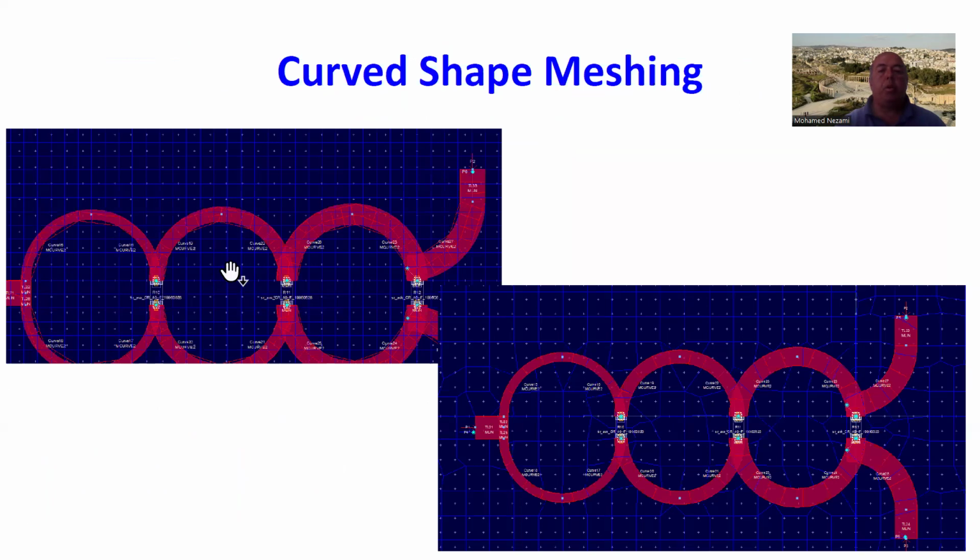Now, one thing you want to make sure of when you're doing EM, for both HFSS and ADS, is that you're doing the meshing correctly, because for curved shapes, you really need to make sure that you do the correct settings so that you don't get this scenario in here.